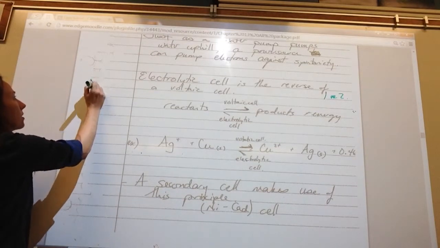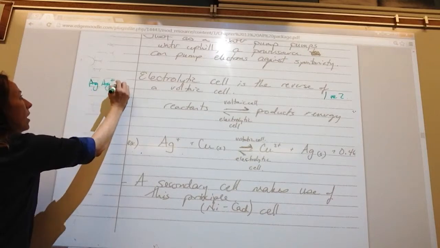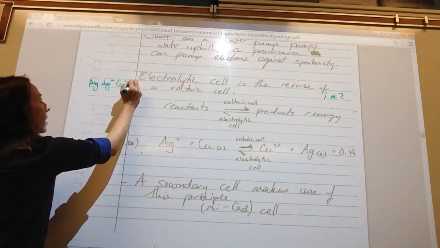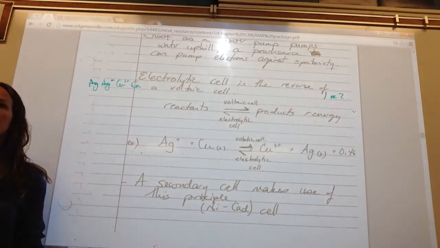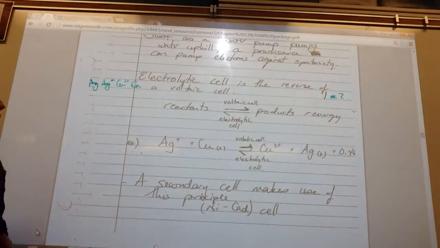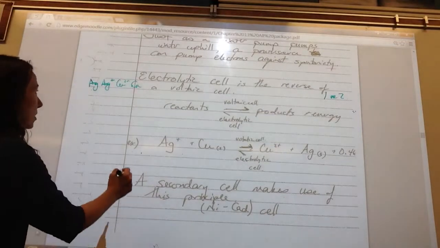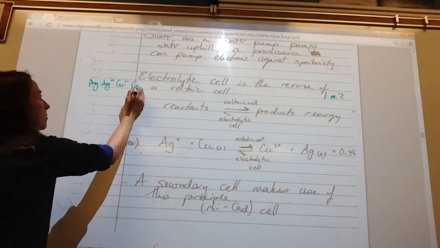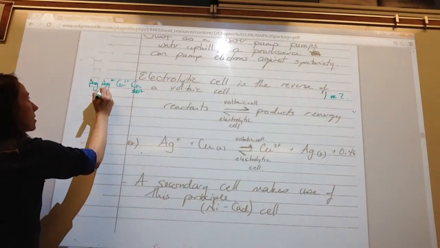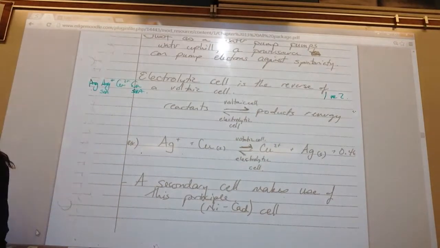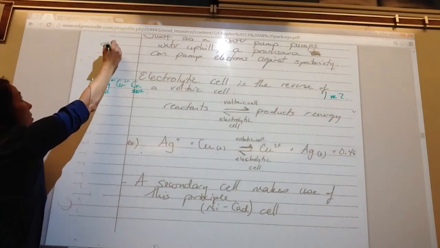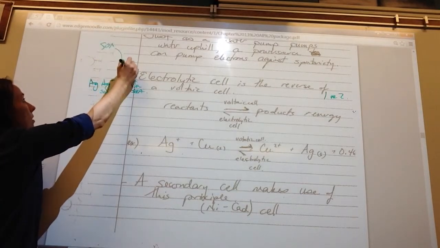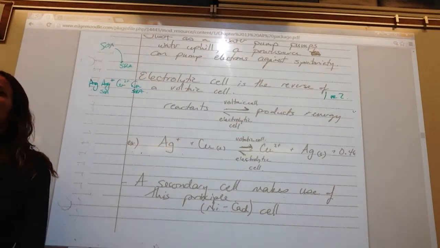Silver and silver ion and copper ion and copper is the cell. And I went and found my strongest oxidizing agent and found my strongest reducing agent. So this is my strongest reducing agent. This is my strongest oxidizing agent in your data booklet. And the strongest oxidizing agent was indeed above the strongest reducing agent, and it indeed was a spontaneous reaction.